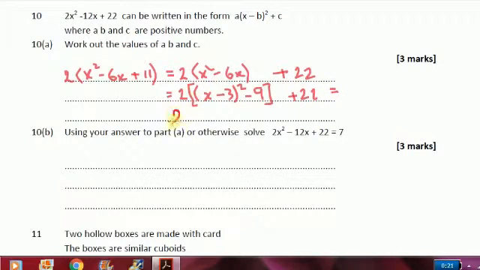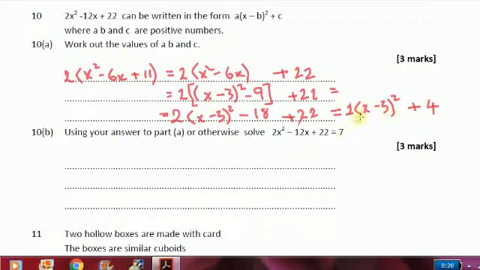So that equals 2 times the bracket x minus 3 squared, and 2 times minus 9 is minus 18, and plus 22, which I can simplify further. I've got 2 times x minus 3 squared, and then minus 18 plus 22 is plus 4.